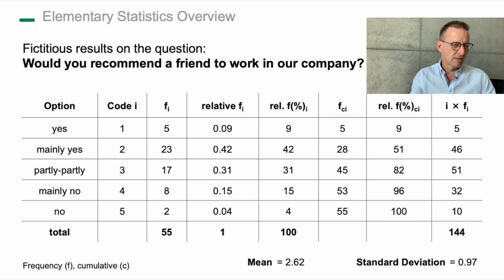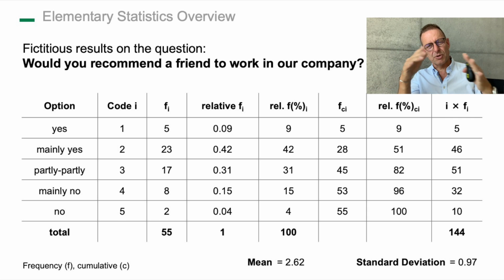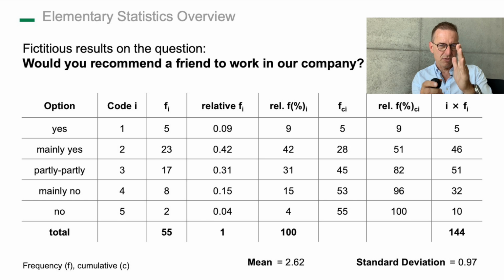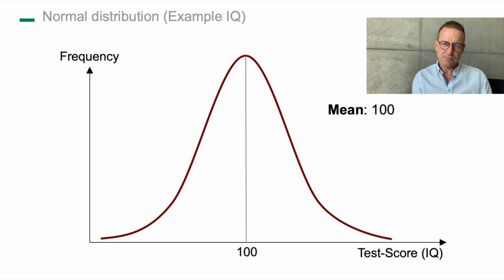Standard deviation is a concept in statistics about variation. It's about the dispersion, about to what extent the values spread around the central tendency, the average, right? So let's look at an example, for instance, intelligence. Almost everything in nature is distributed in what we call a normal way.